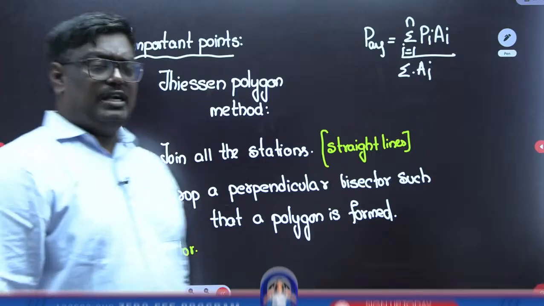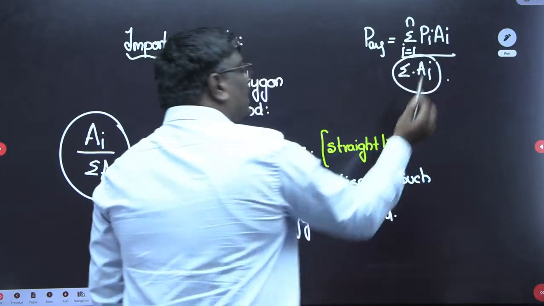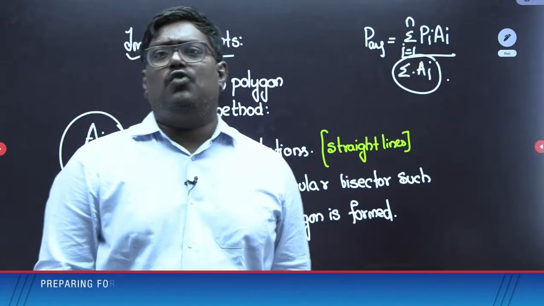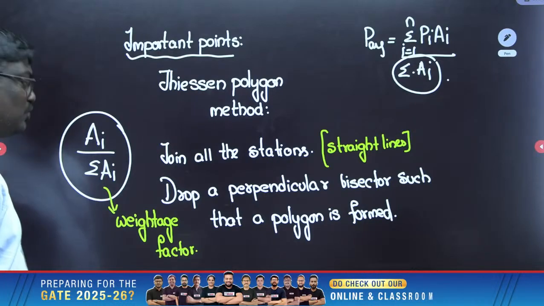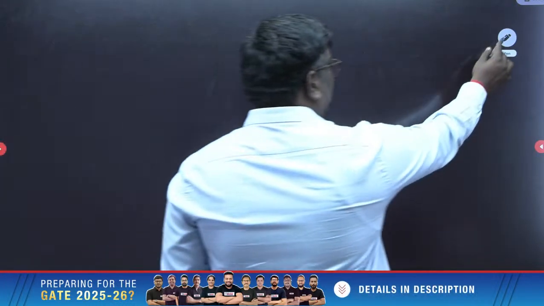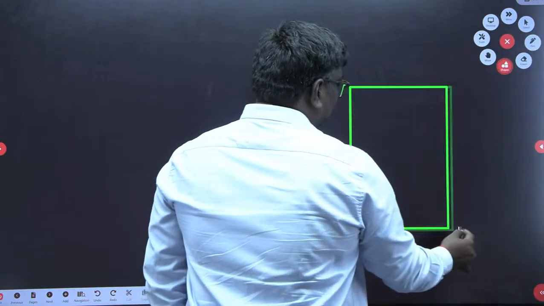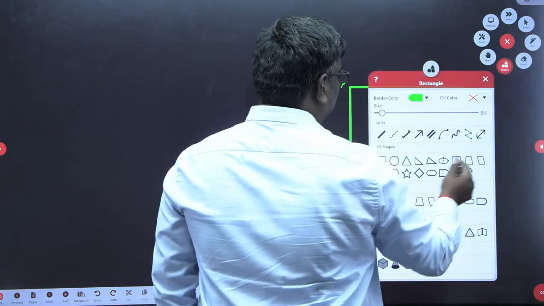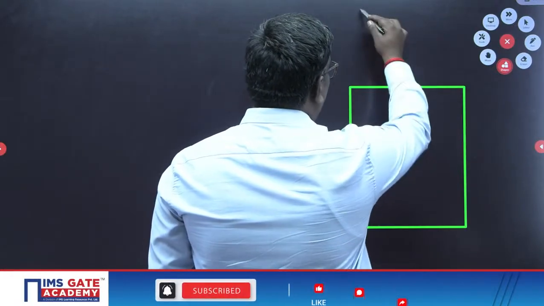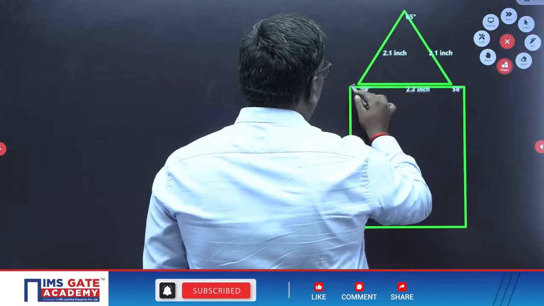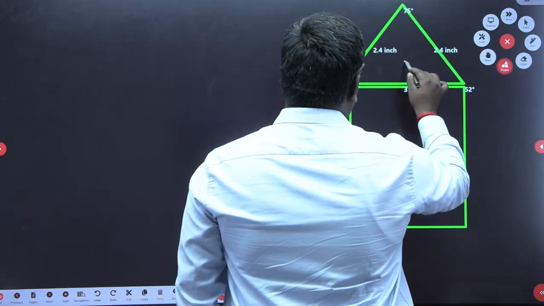Now, my dear students, how to form this area is very, very important, sir. Why? Because, see, students, there can be a case, I am just giving you another example also.